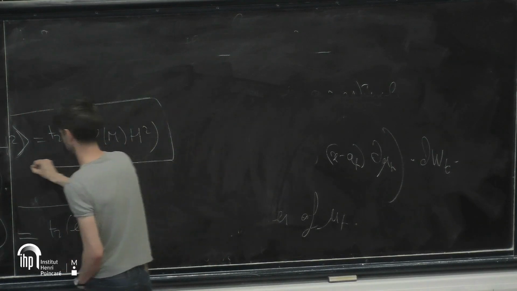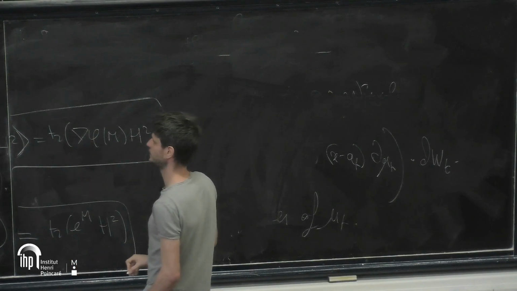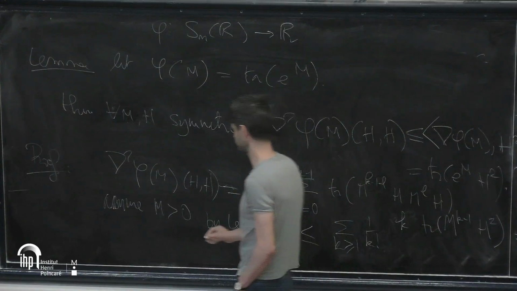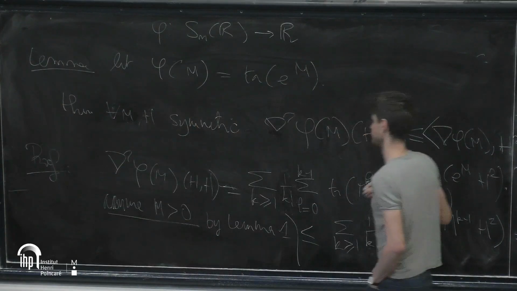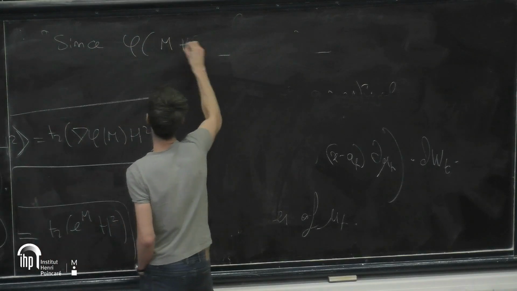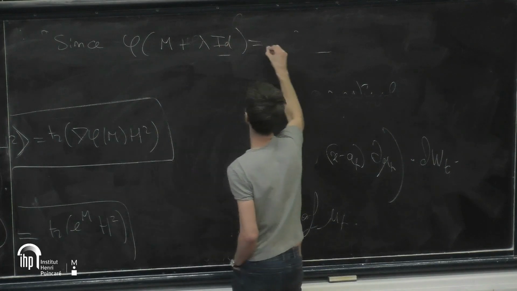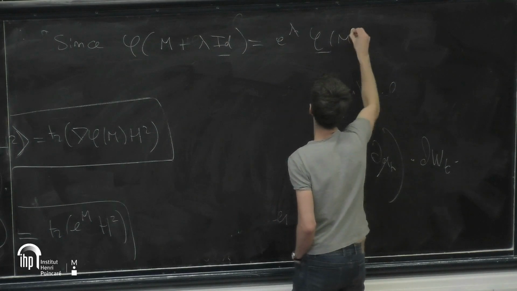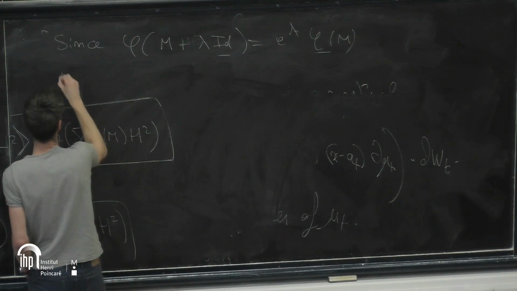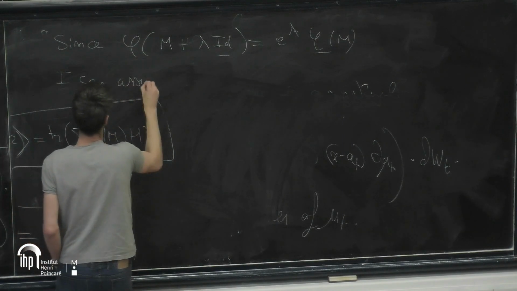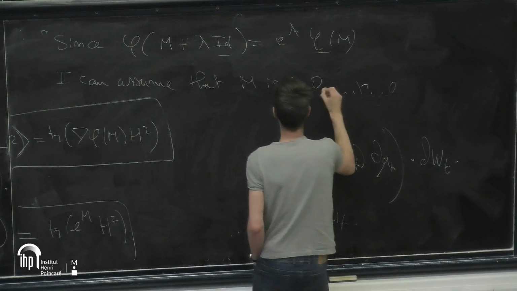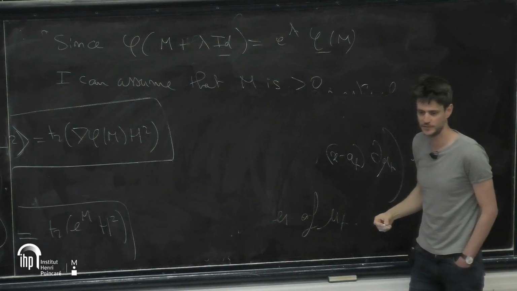Okay, and actually I had to assume M is positive. But since phi of M plus lambda times identity is e to the lambda times phi of M, I can assume that M is positive by adding a sufficiently large multiple of identity to it.